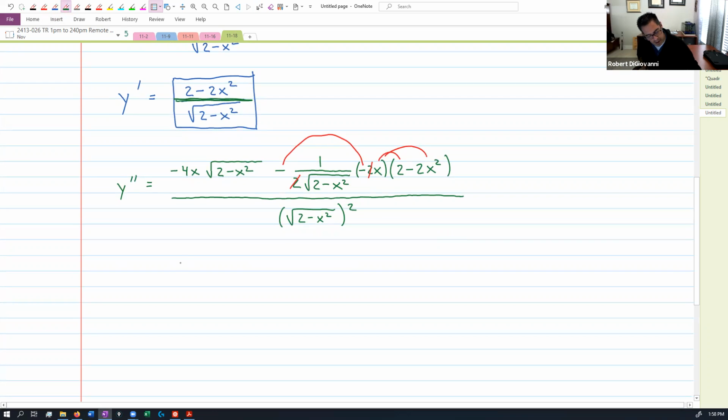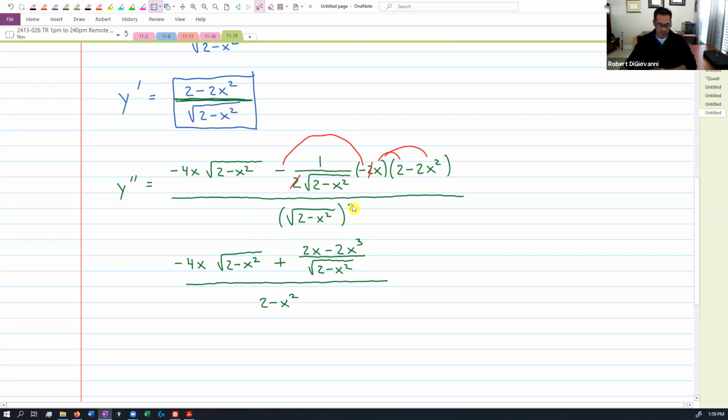All right, so here's what I've got. -4x square root 2 minus x squared plus, because those two negatives become a plus, I have the x distributes through, so 2x minus 2x cubed over the square root of 2 minus x squared, but then all of that over 2 minus x squared, because I'm going to square the square root on the bottom. So that will kill off that. Still good?